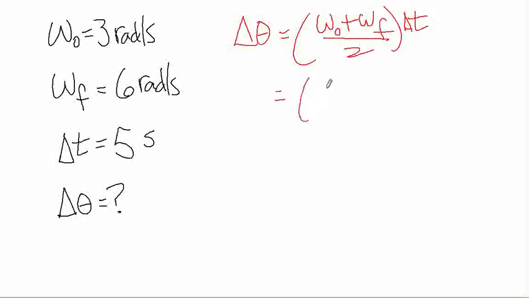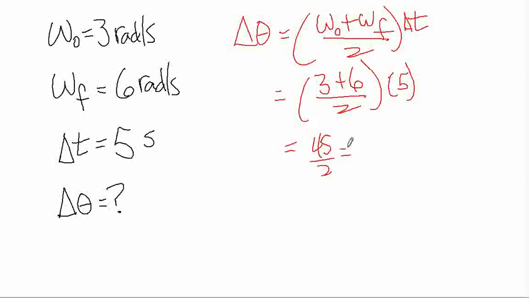So this would give 3 plus 6 divided by 2 times 5, or 9 divided by 2 times 5, 45 divided by 2, so 22.5 radians. And I hope that's the answer you got. All right, let's do one more example and then we will move on to something else.